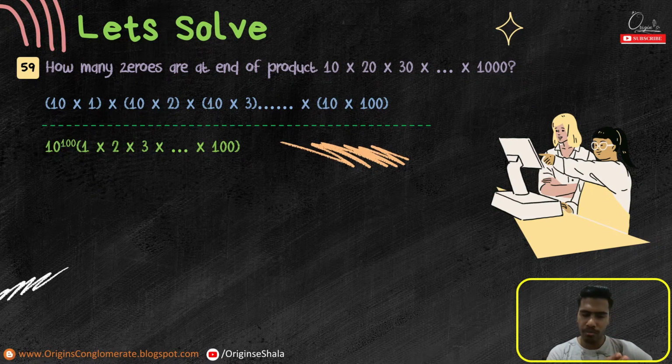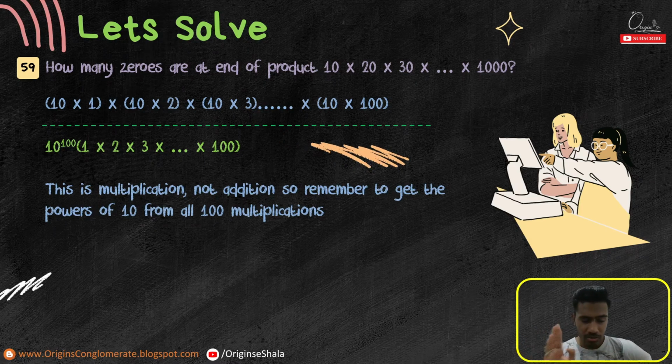That's why we have to remember to add the power of 100. And then obviously the bracket will only have the series of 100 factorial. That's why I said, just remember, it's not an addition. If it was addition, you could have simply taken 10 out common and gotten 100 factorial, but this is multiplication. So you have got the power of 10 ready as 100.